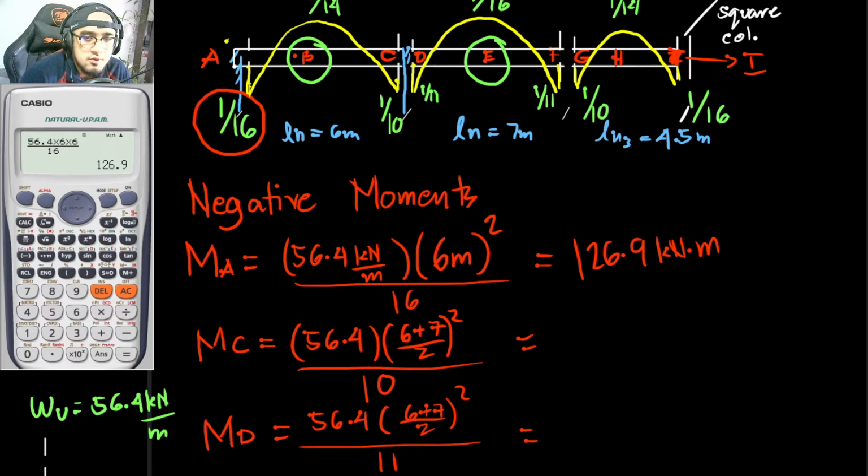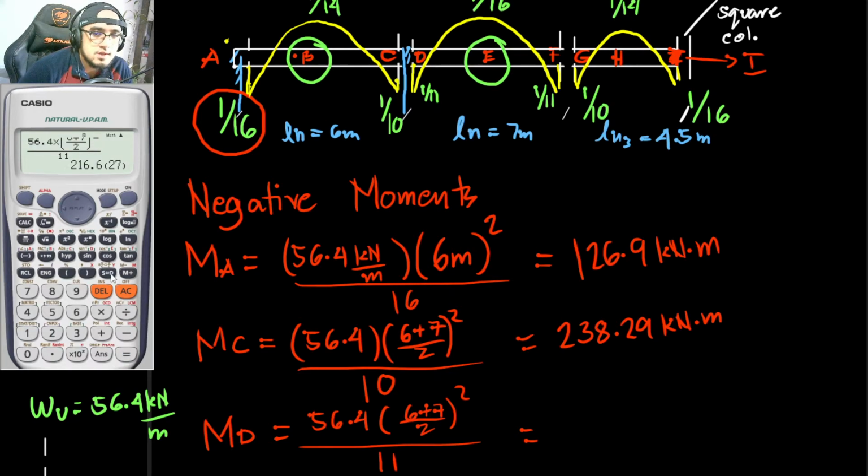Then for the second one, 56.4 times the average of the two adjacent spans, so 6 plus 7 divided by 2 squared divided by 10. Okay, so this is to be 238.29 kilonewton meter. And for the other one, palitan lang natin yung denominator ng 11.